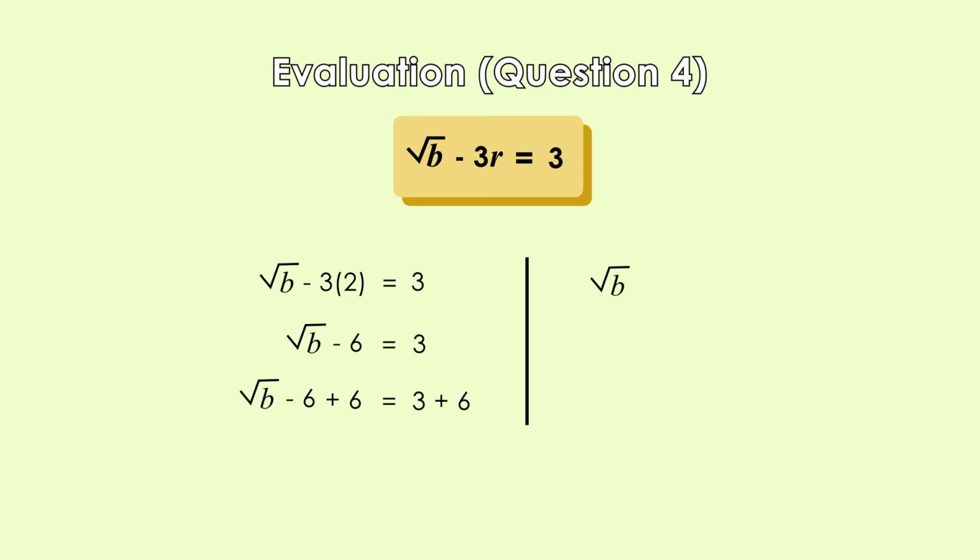Now, square root of b equals 9. Boys and girls, to get the value of b, you must square both sides of the equation. Square root of b squared equals 9 squared. So, b equals 81.